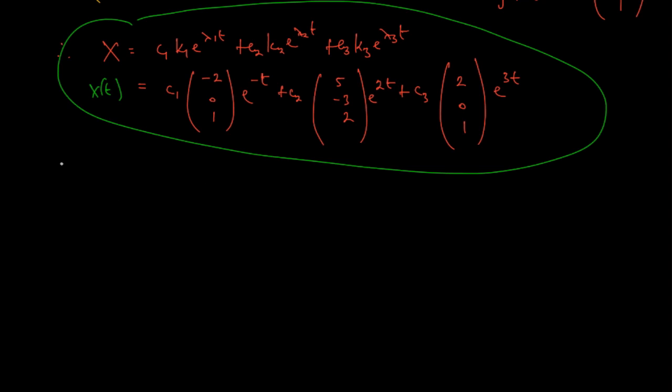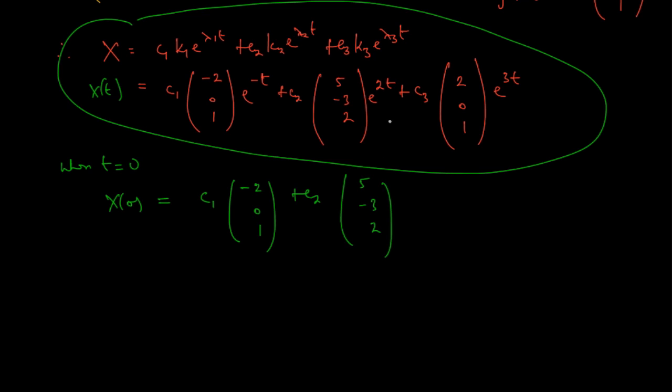When t equals 0, x of 0 is just going to be c1 times negative 2, 0, 1, and e to the power 0 is 1, plus c2 times 5, negative 3, 2, e to the power 0, which goes to 1, plus c3 times 2, 0, 1, and e to the power 3 times 0 is 0, so that also goes to 1.